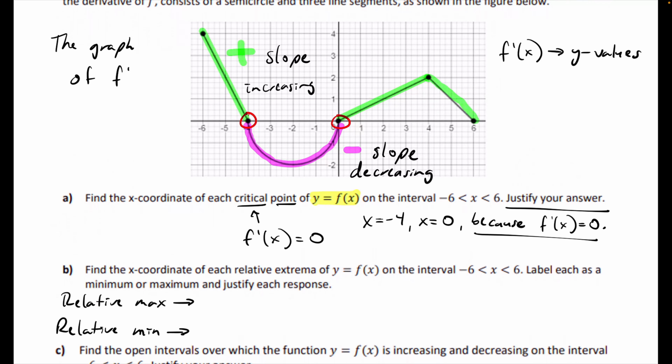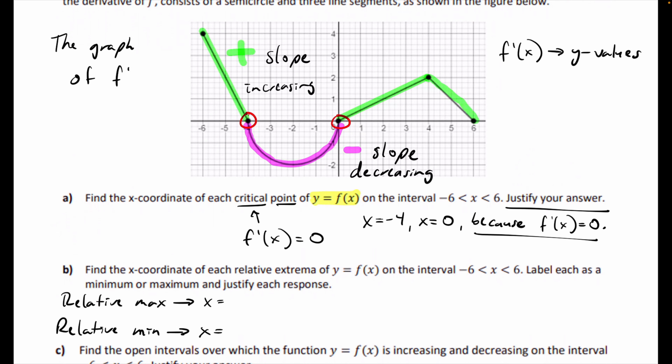So let's put on our thinking caps here. Where's the relative maximum and where's the relative minimum? We know it's going to be -4 or 0, right? -4 or 0 are either going to be a relative maximum or a relative minimum. -4 is going to be a maximum and 0 is going to be the minimum. So think of this. Before -4 it was increasing because it had positive slopes, positive y values.